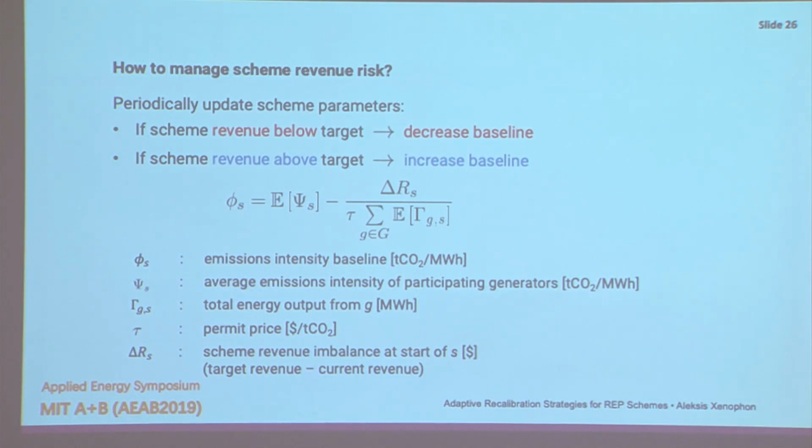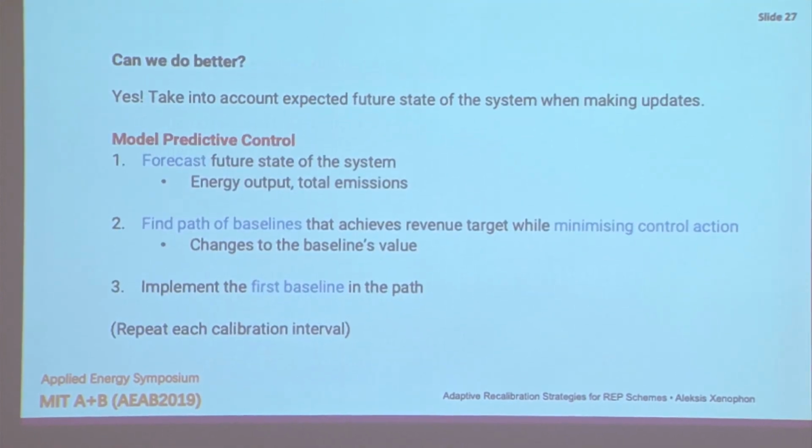So this is kind of like the refunded emissions payment scheme previously. But then we increment it or decrement it by an amount which is proportional to our scheme revenue imbalance. So this is kind of like a feedback signal. If we're below our target, this is going to decrease the baseline in the next calibration interval to recover the money that we lost in the previous calibration interval. So we're trying to drive our scheme revenue towards some target value. Okay, and the question is, can we do better than this though?